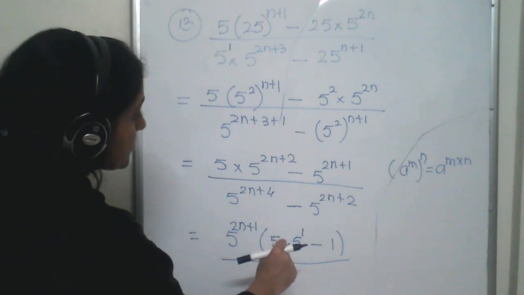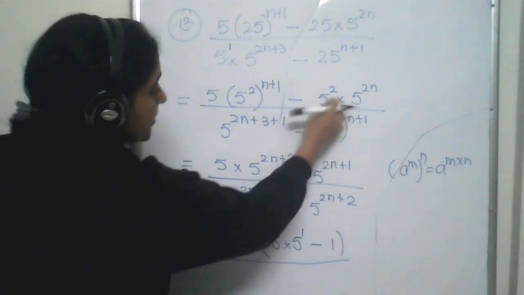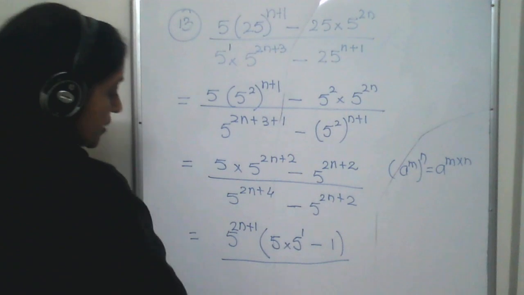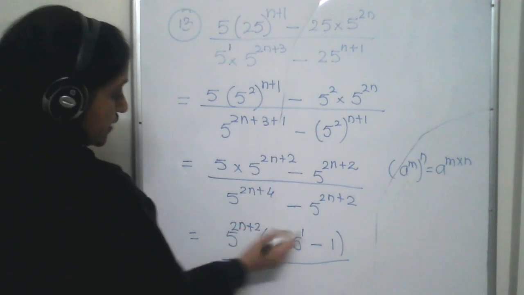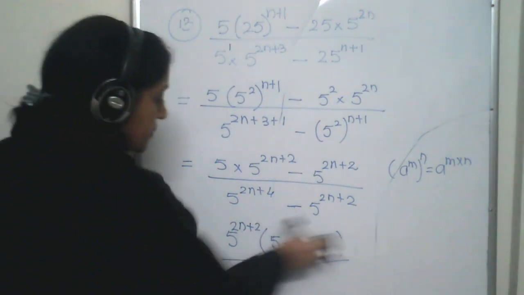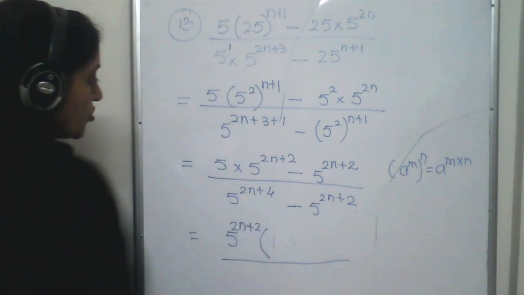Oh, wait a minute, here 2n plus 2 I wrote it as 2, 1, it has to come as 2. So if it is 2, then here both will come as 2 only. There is nothing that is going to remain inside. That's what I was wondering. Previously we have solved these questions. Okay, hope you are getting it.